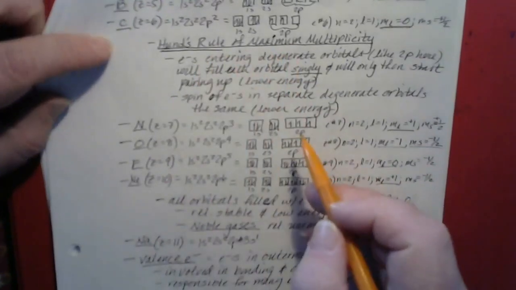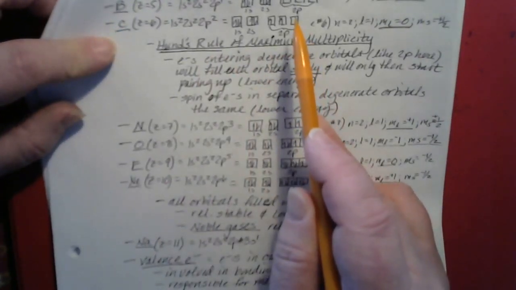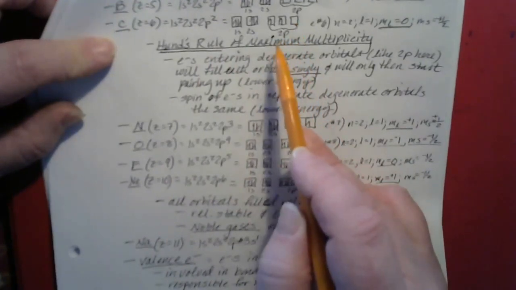We get nitrogen with an atomic number of 7, so that has 7 electrons, or in other words, carbon plus 1 more electron. So it's not hard to predict that the next electron is going to go into the p orbital in the second shell that was vacant for carbon.